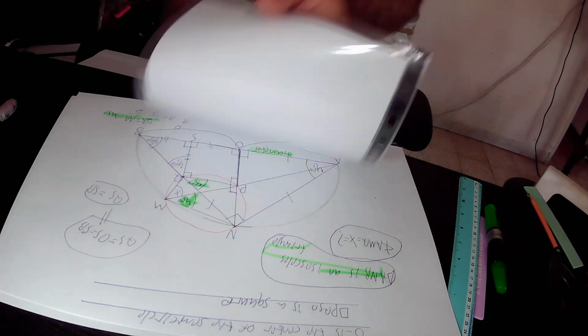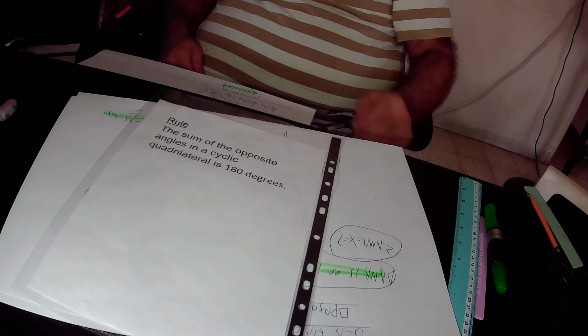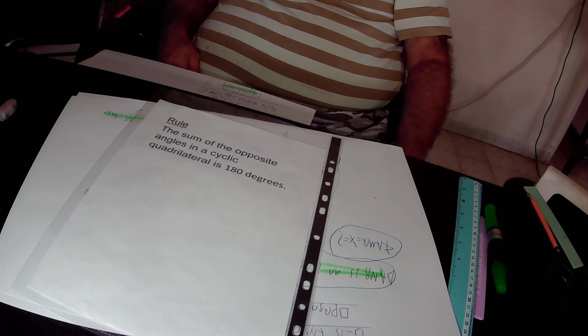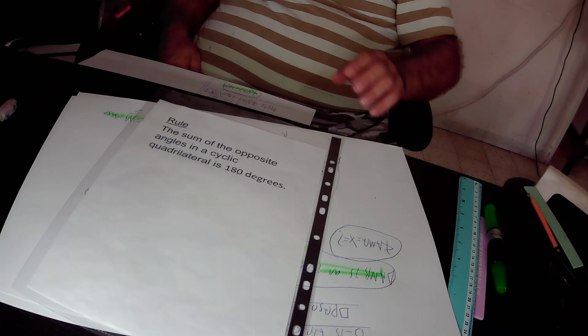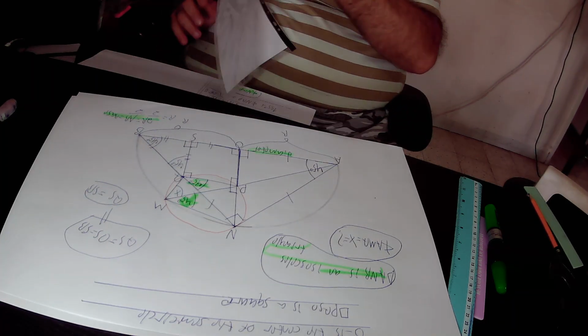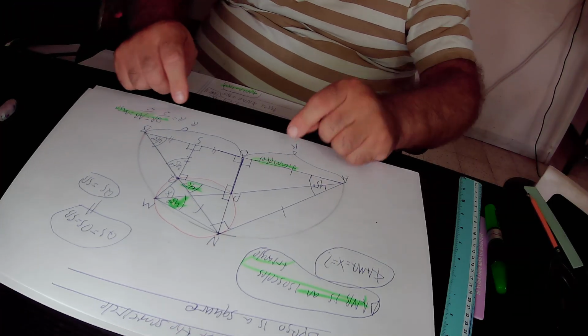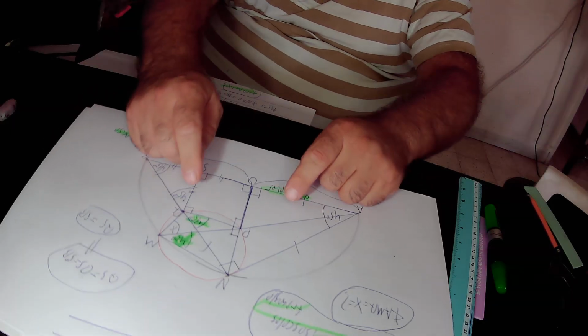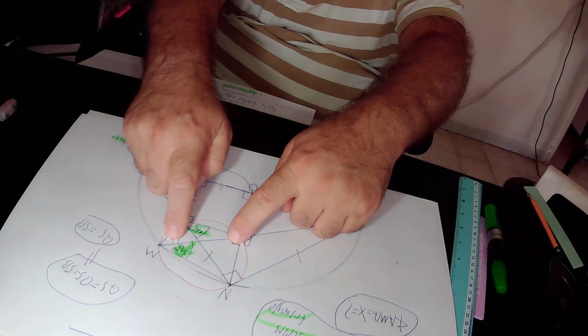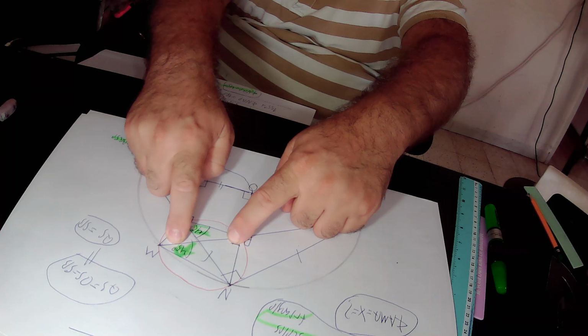We have the rule that says that the sum of the two opposite angles in a cyclic quadrilateral is equal to 180 degrees. So it means that in quadrilateral NMQP, the sum of those two opposite angles is equal to 180 degrees.